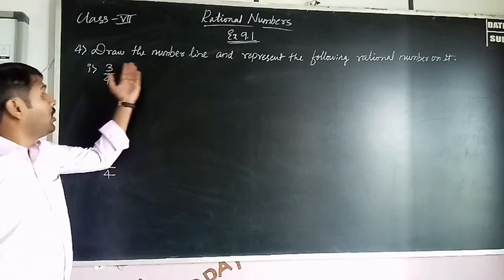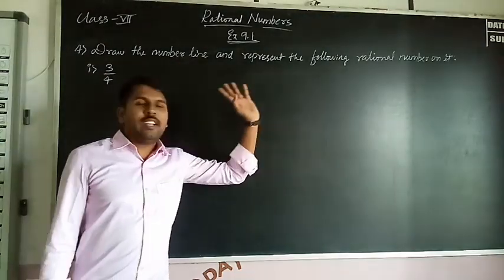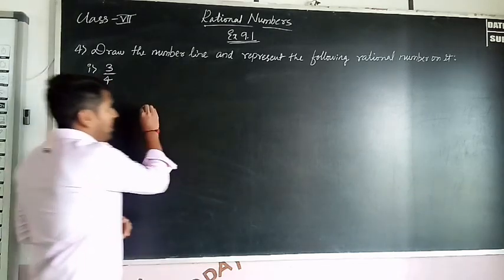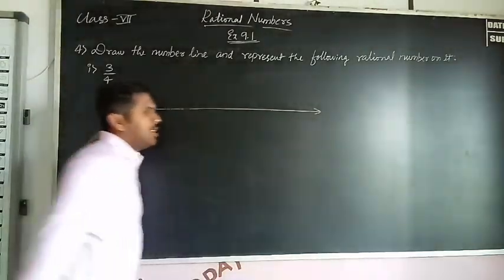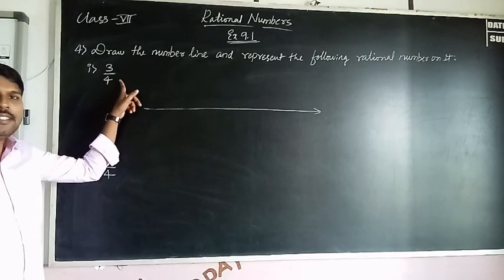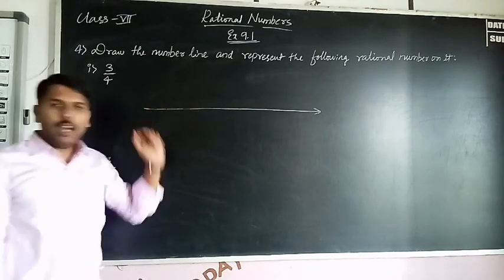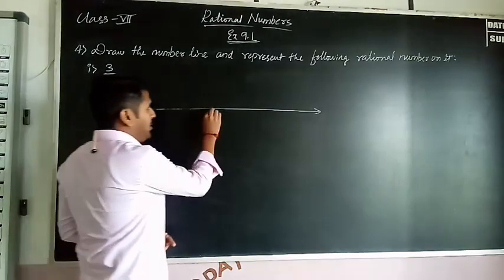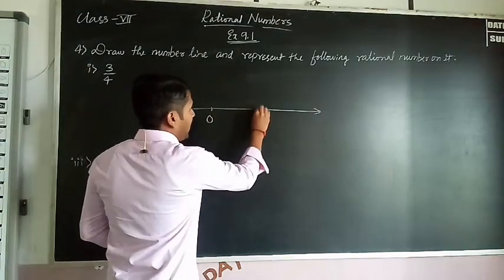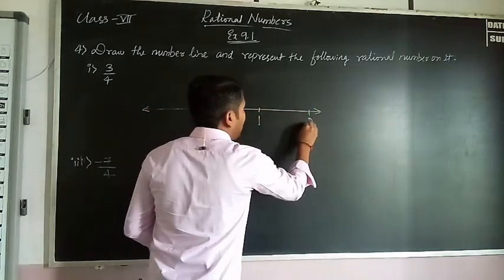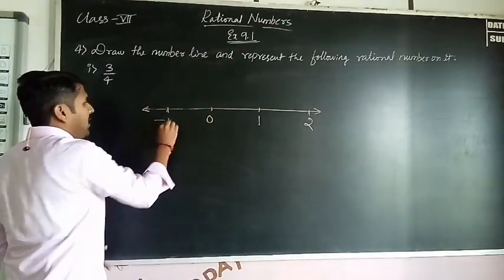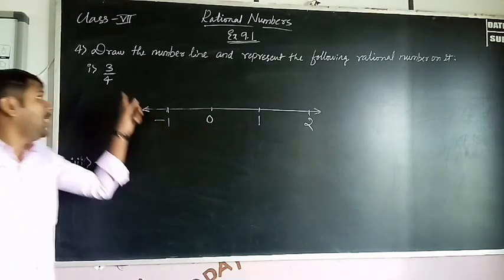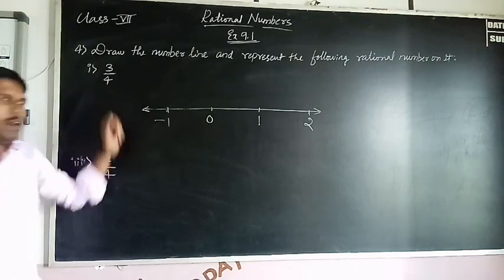Next, the fourth one: draw the number line and represent the following rational numbers on it. So 3 by 4. First draw the number line. Here 3 by 4 is in between which numbers? 0 and 1. So this is 0, this is 1, this is 2, and this is minus 1. 3 by 4 is in between 0 and 1, and here there are total 4 parts.